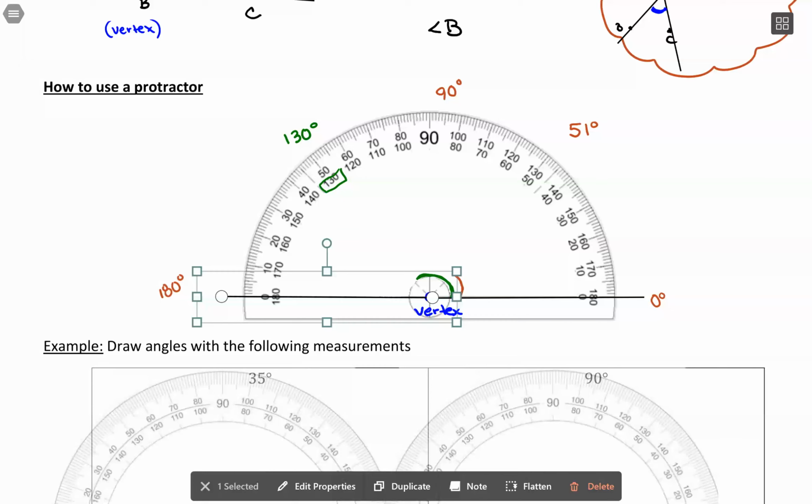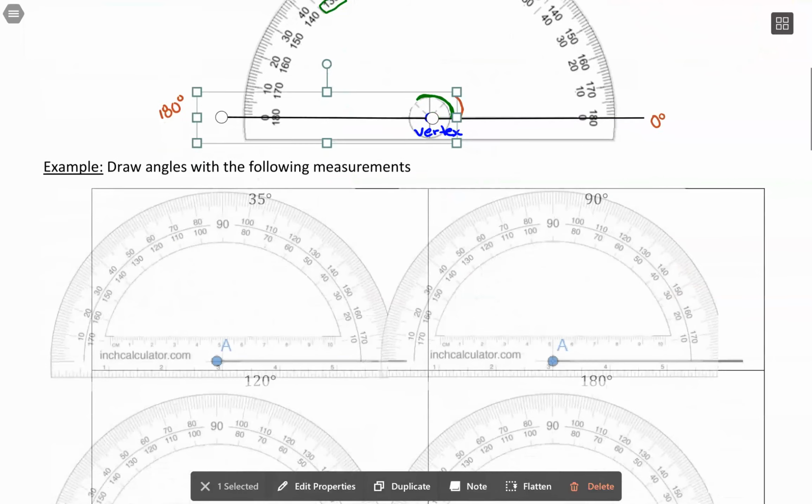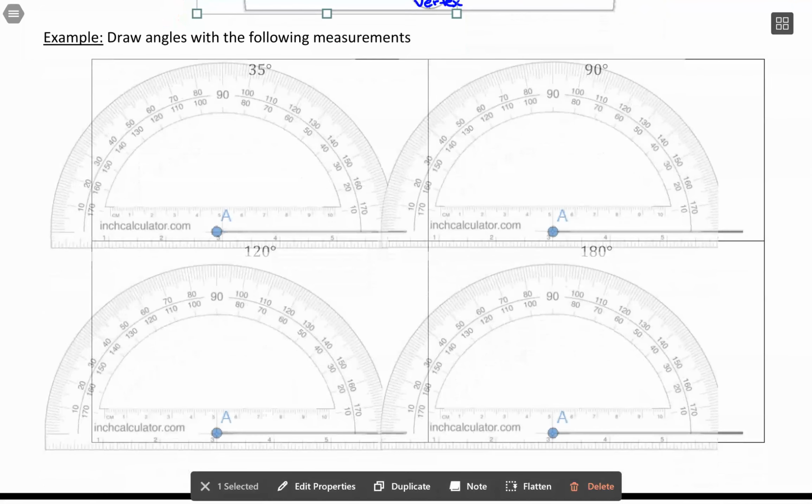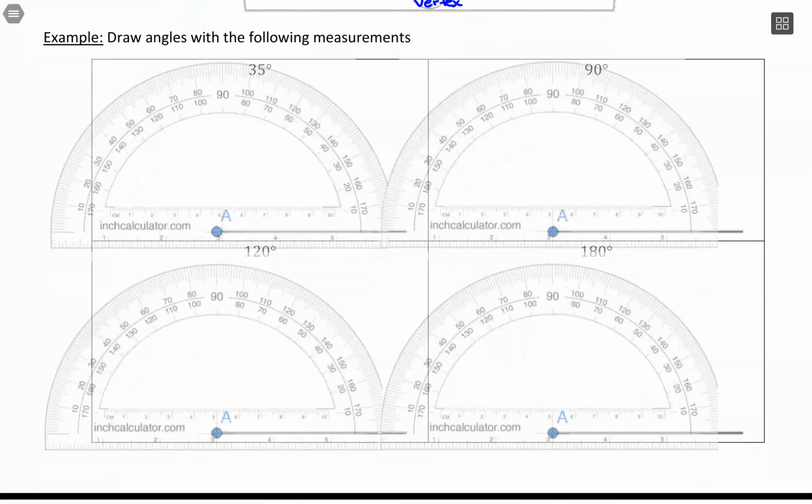The idea is if you have a protractor, they're generally clear when you get them, and you can lay them down on your paper, or you just have to find the vertex, and then you can measure out that angle. So let's see how this works out. If we knew the angle measurement that we wanted to use, and I have some clear protractors on top of the paper here, what we can see is our vertex here, and then we have our starting line mapped out for us for each of these scenarios.